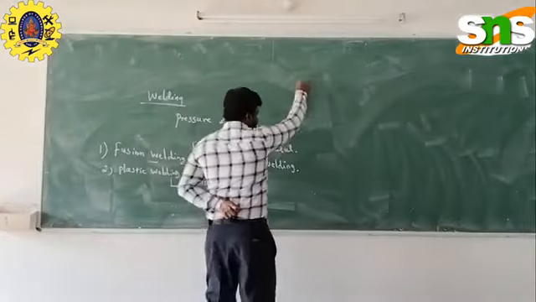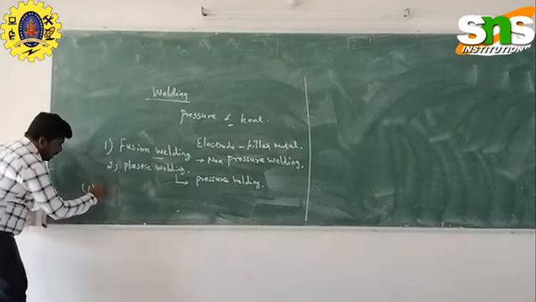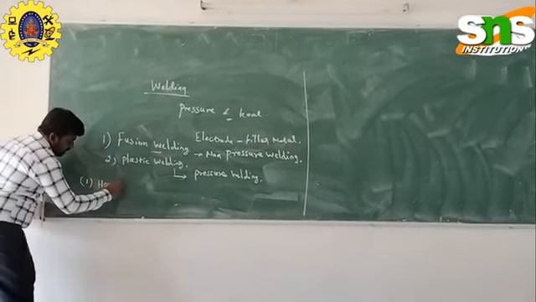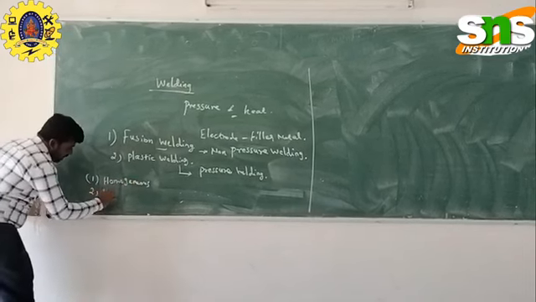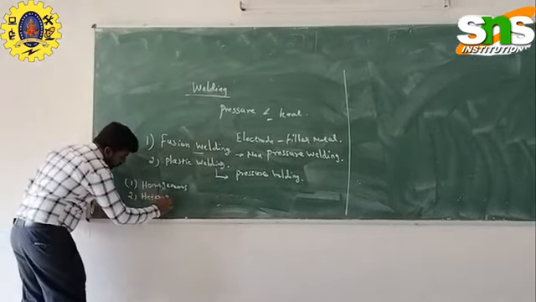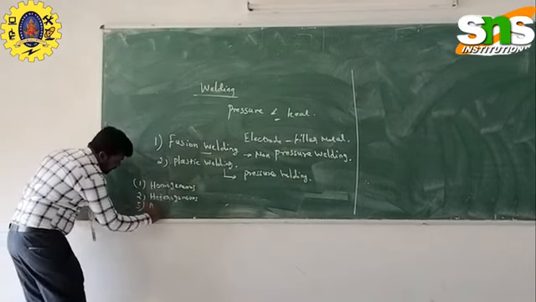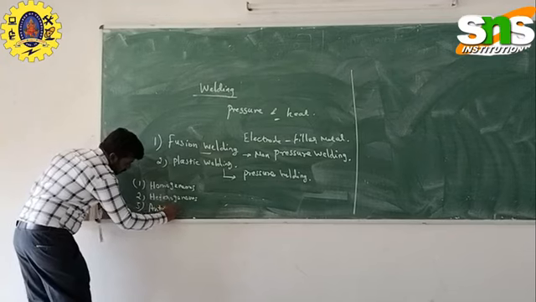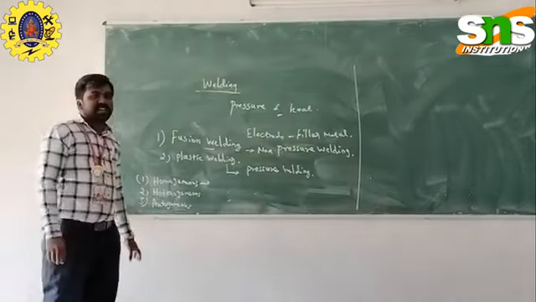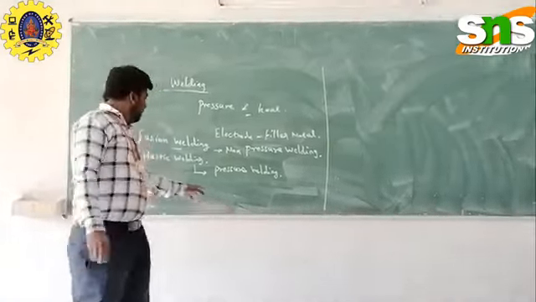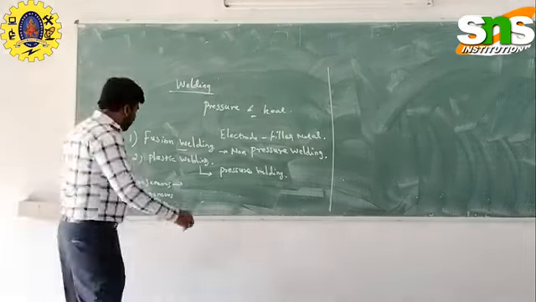So again the welding process is classified into three types. The first one is homogeneous. The second one is heterogeneous. The last one is autogenous. The homogeneous classification is based on the filler metal used. In homogeneous welding, the filler metal and the parent metal are the same materials.